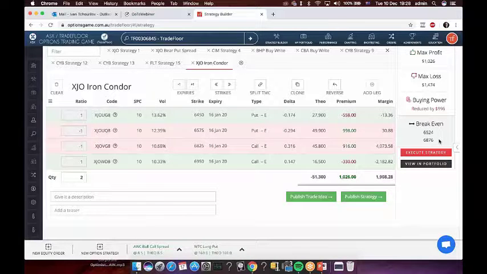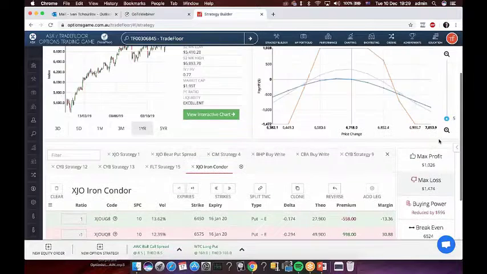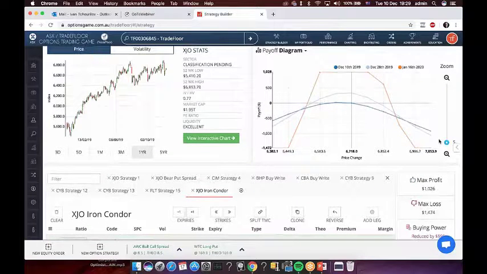When we're looking at trading strategies, this screen is important regardless of what strategy you're trading. It makes it extremely simple to understand what we're doing and how we're doing it. If you've got any questions, please let me know. Next, I'm going to tell you a little more about the payoff diagram.